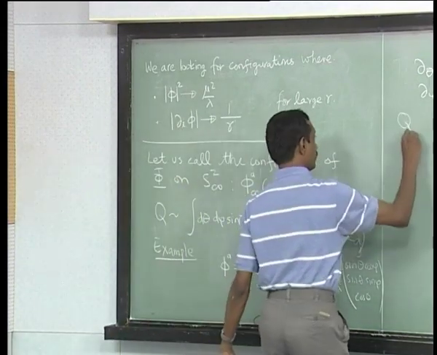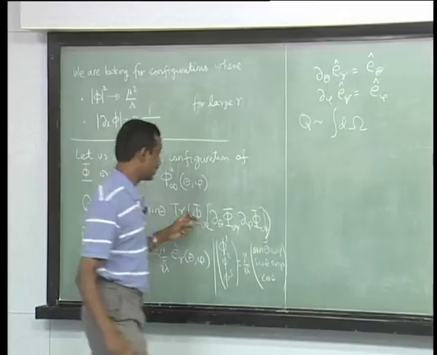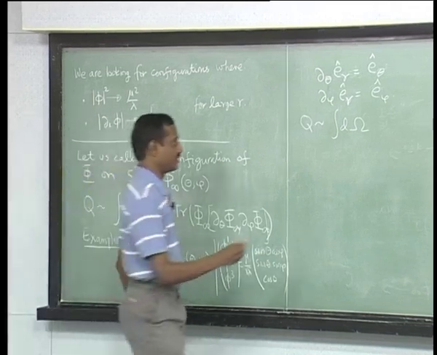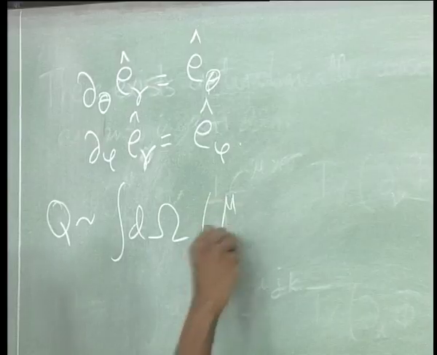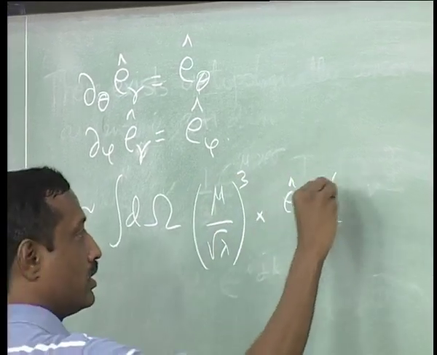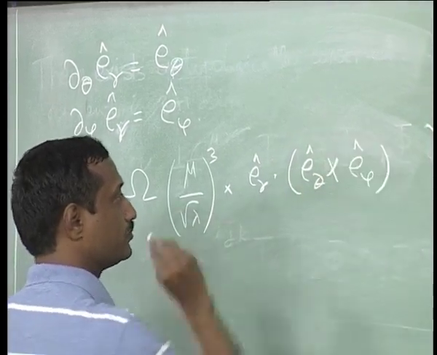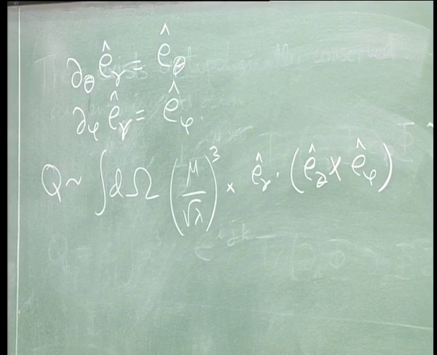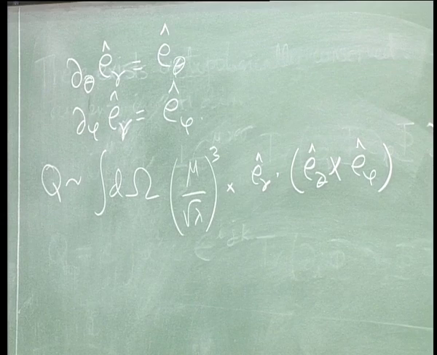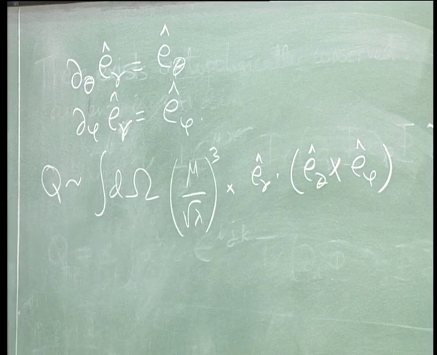Q will just turn out to be the integral d omega, where d omega is the solid angle element, times each of these giving you the factors mu by root lambda, whole cubed, times E_r dot E theta cap cross E phi cap. That happens to be 1. So this will just give you 4 pi.